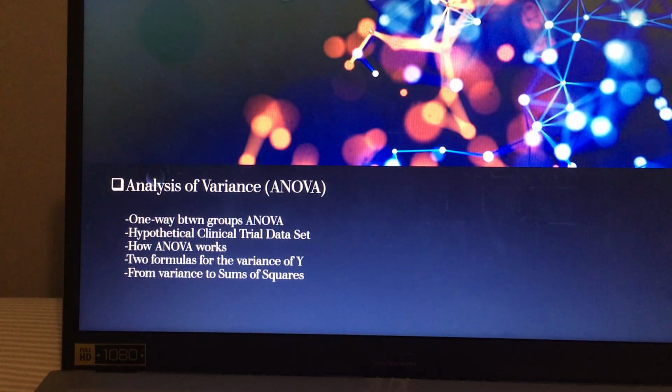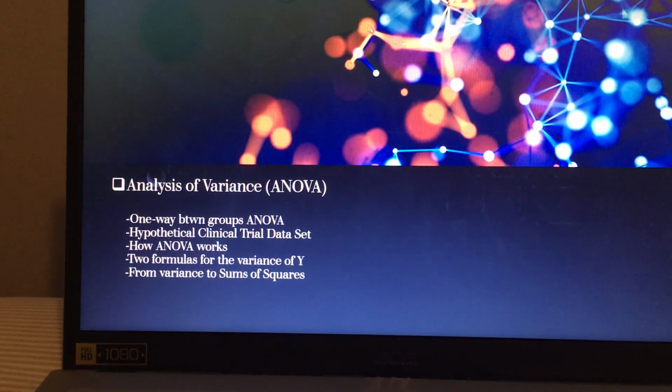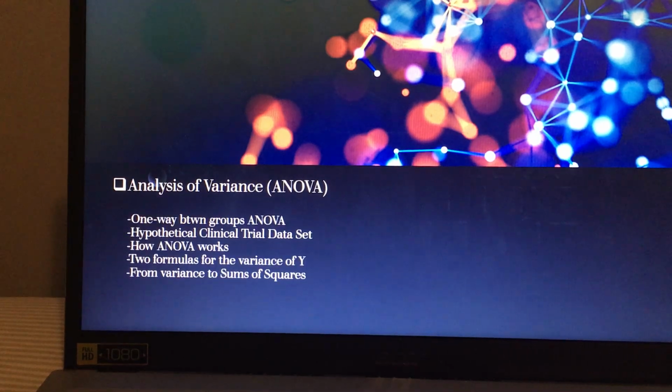So as a consequence, you'd expect the value of SSW, the sum of squares within group, to be smaller than the total sum of squares because it's completely ignoring any group differences. So for example, whether the drugs will have different effects on people's moods.